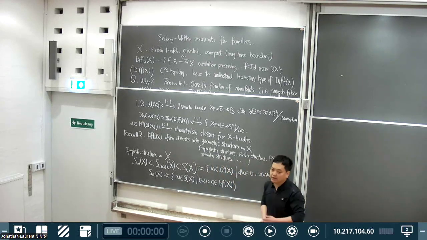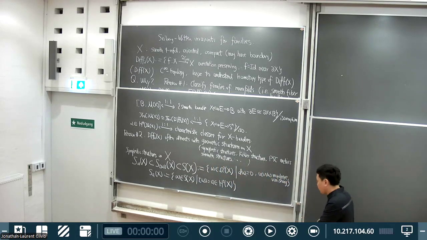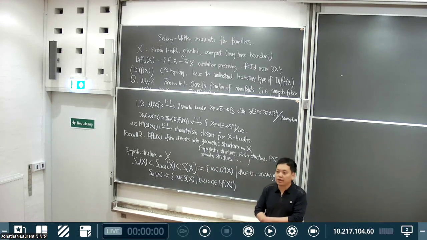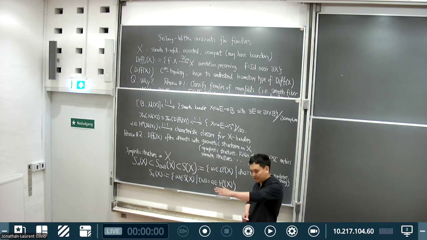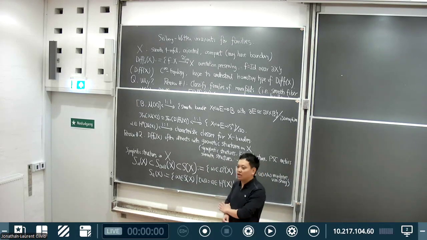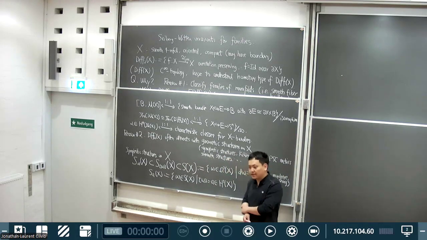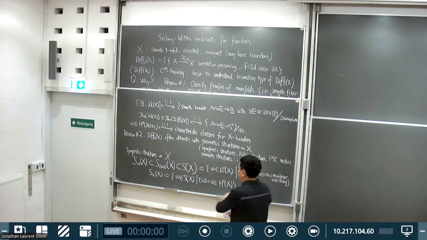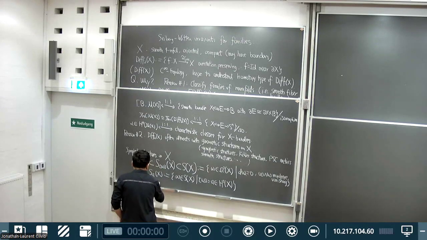Here I assume X is closed. One thing we can do is fix a cohomology class of the symplectic structure and just study all symplectic structures in that cohomology class. And we also have this even smaller space, S_omega(X).